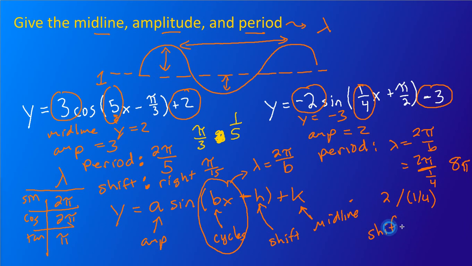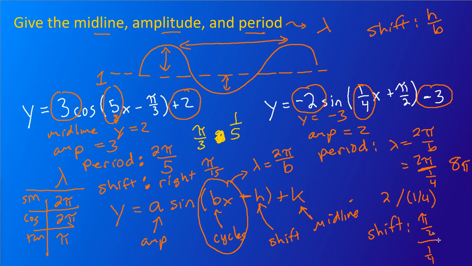So this is getting a little bit messy right here, but there's a way to get our shift really quick. Our shift is going to be our h divided by our b. So our h in this case is pi over 2, and I'm going to divide that by b, so 1/4.